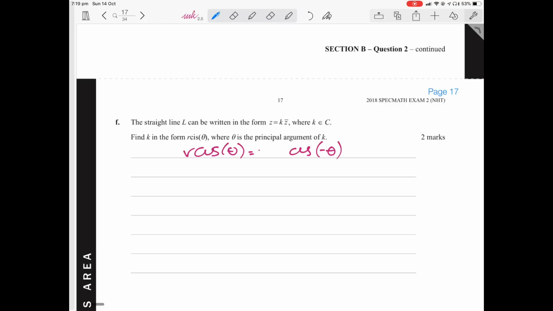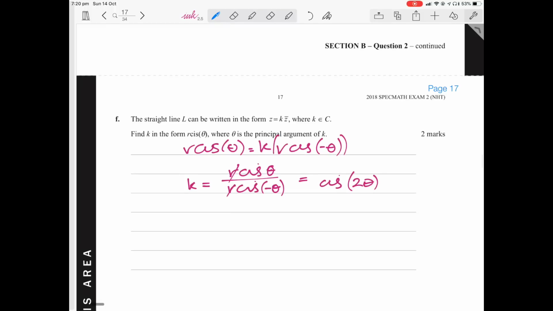So we get K is equal to r cis theta on r cis negative theta. That will cancel, and I'll get cis. We subtract those angles, so 2 theta. So K equals cis 2 theta.